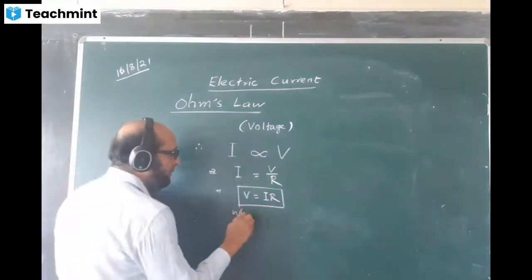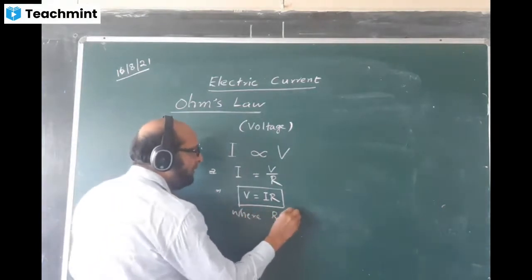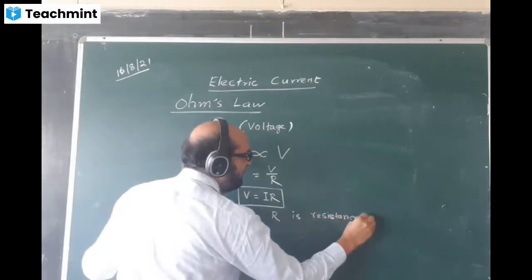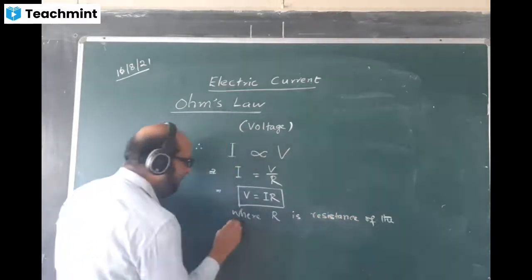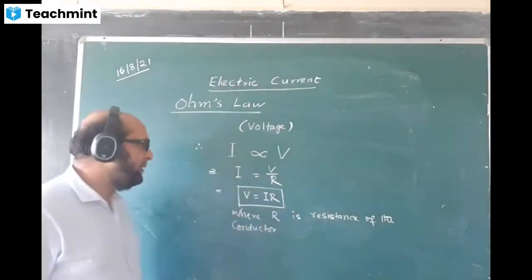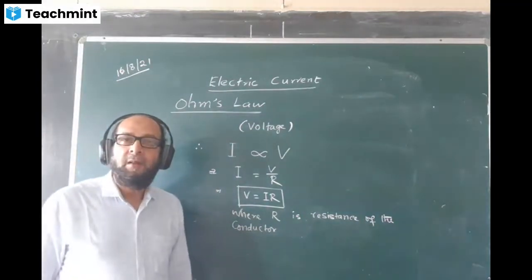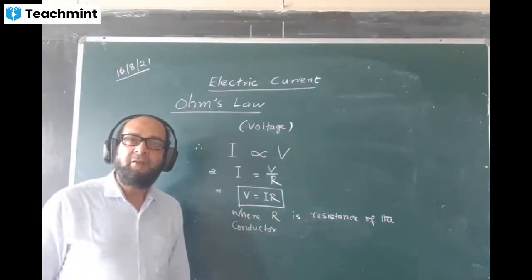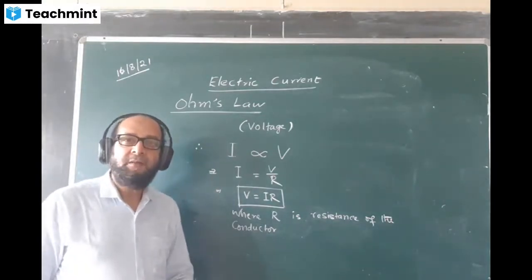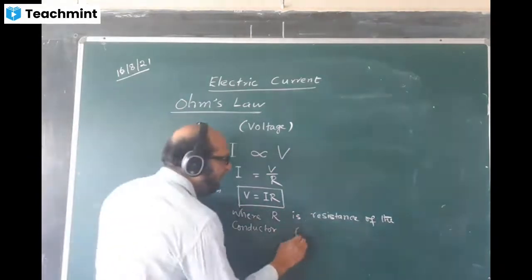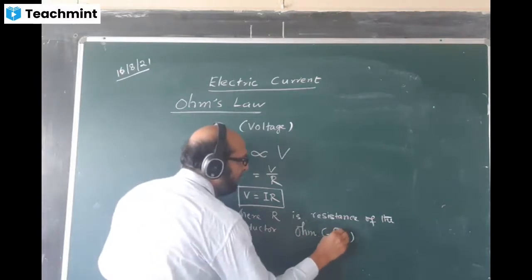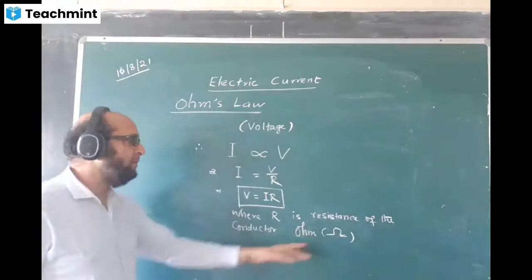Here R is known as the resistance of the conductor, with the SI unit ohm, and we denote it by this symbol, read as omega.